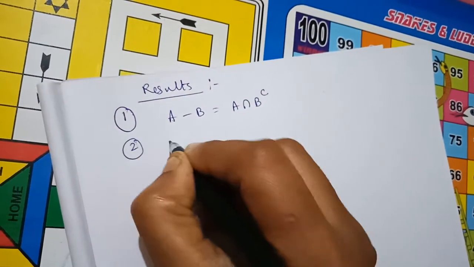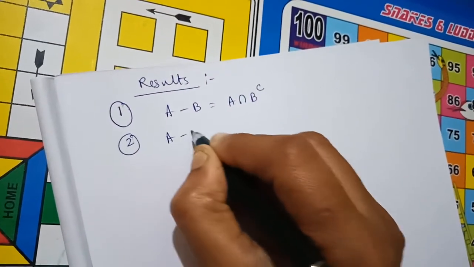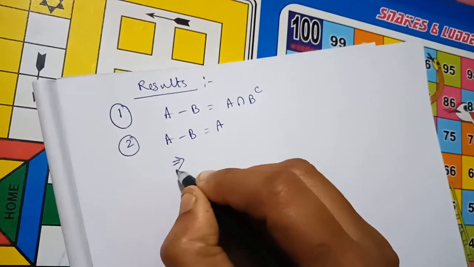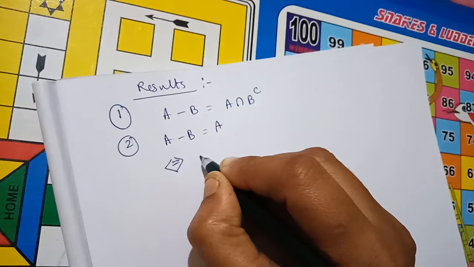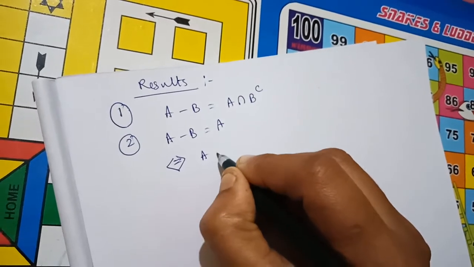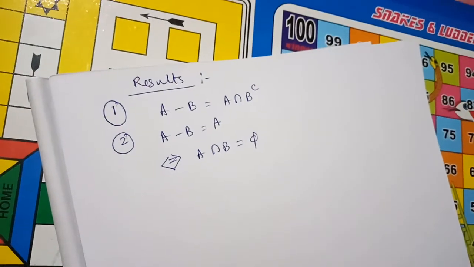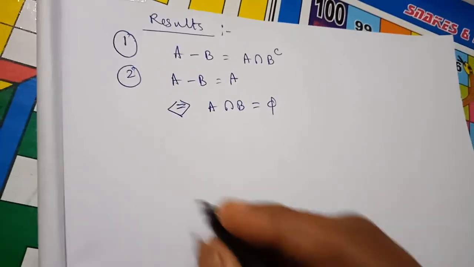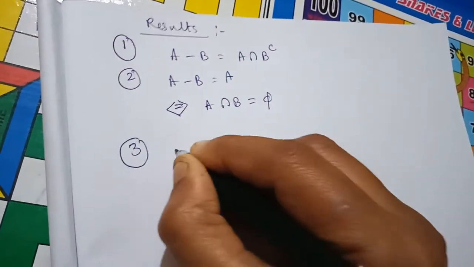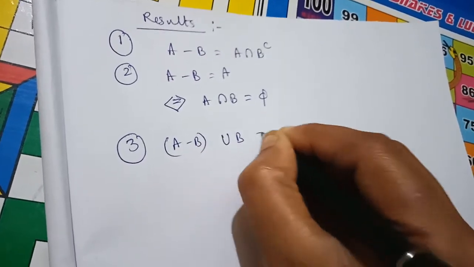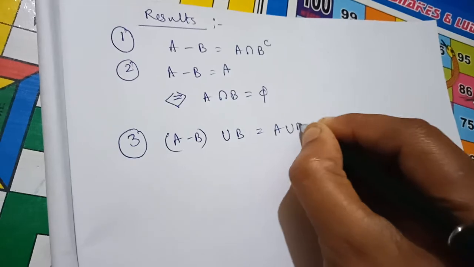Number 2, A minus B equals A if and only if A intersection B equals phi. Number 3, A minus B union B equals A union B.